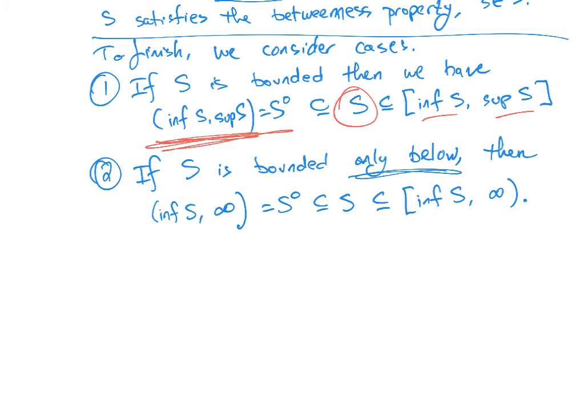Well, there's two choices for S. It either contains its infimum or it doesn't. Either way, it's one of those 9 types of intervals that we defined. Are there any questions on this?